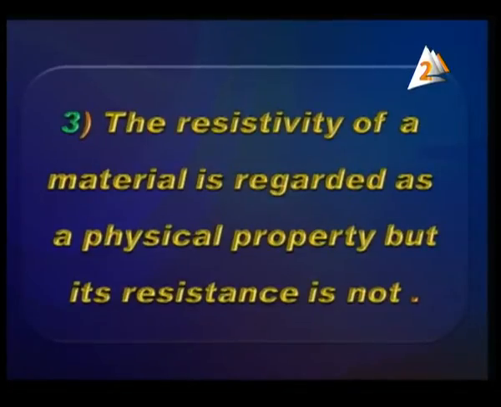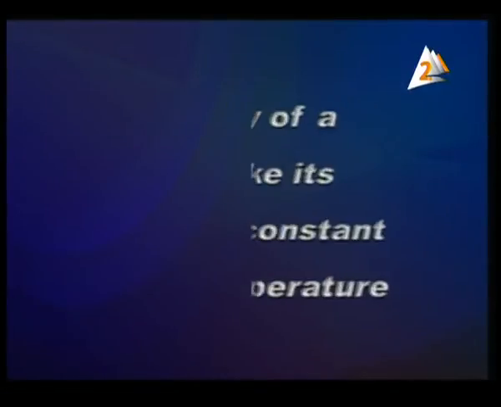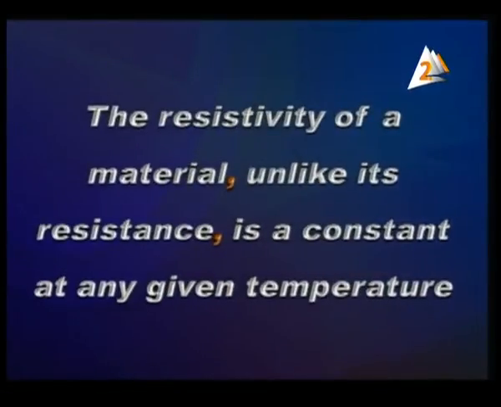Third give reason for: the resistivity of a material is regarded as a physical, characteristic property, but the resistance cannot be regarded so. This is very important and interesting. Resistivity of a material, unlike its resistance, is a constant at any given temperature.